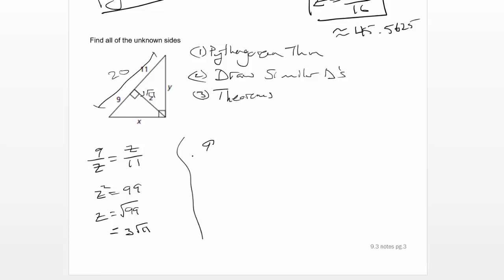I could say this part that's adjacent to x divided by the leg is the same as the leg divided by the entire hypotenuse. Or x squared is equal to 180, where x is the square root of 180, which works out, if you use a factor tree, to be 36 and 5, or square root of 36 times the square root of 5, which is 6 square roots of 5.